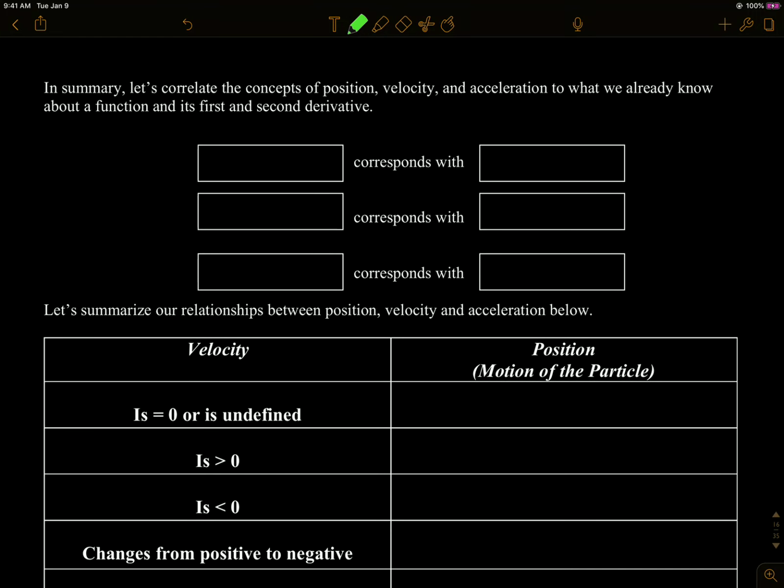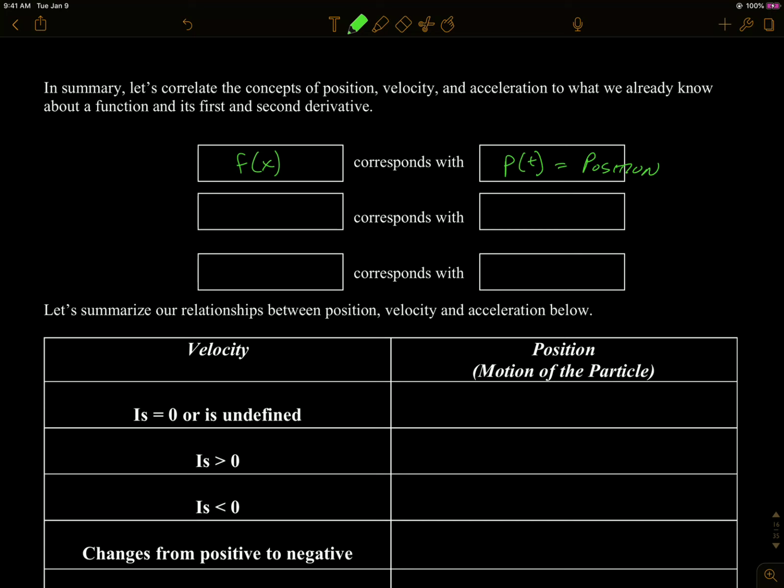All right, so let's summarize what we're talking about here. I've already sort of talked about it, but let's write it down. So we know that if f of x corresponds with the position function, right?